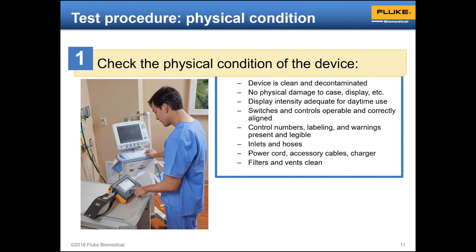There should be inventory control numbers and labeling, and all of those should be legible. That means you should be able to read those labels, and all the inlets and hoses should be in good condition, power cord, accessory cables, and there could be a charger because some ventilators have a backup battery.